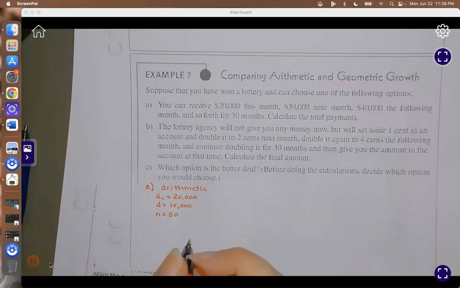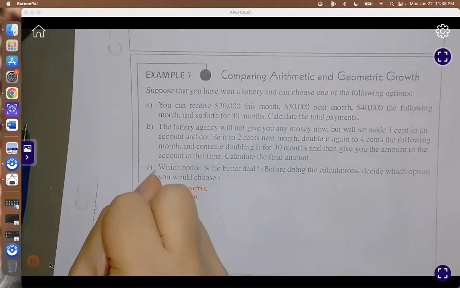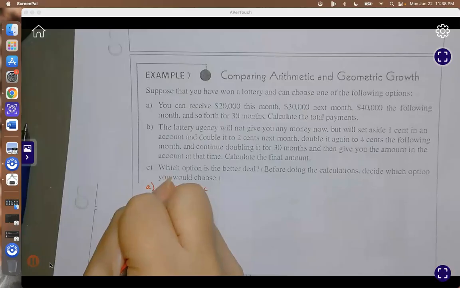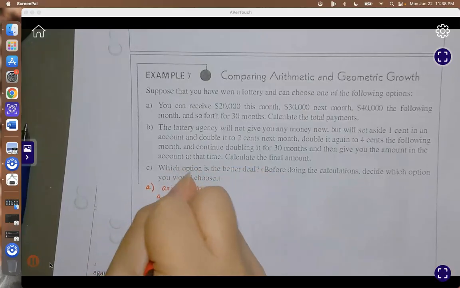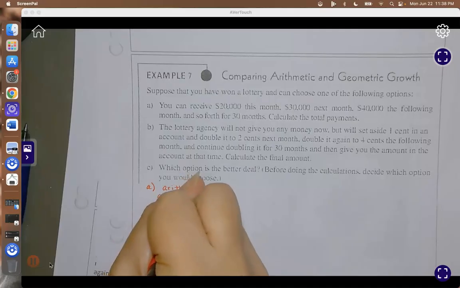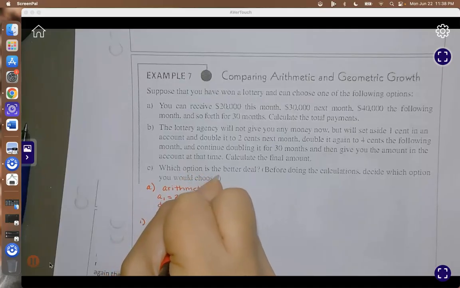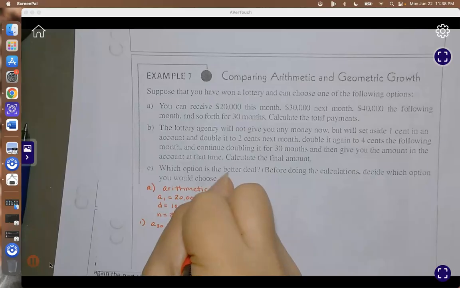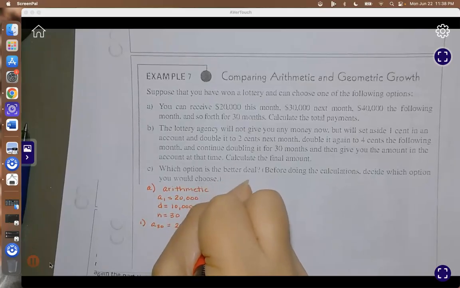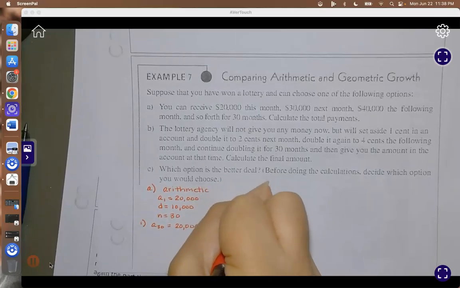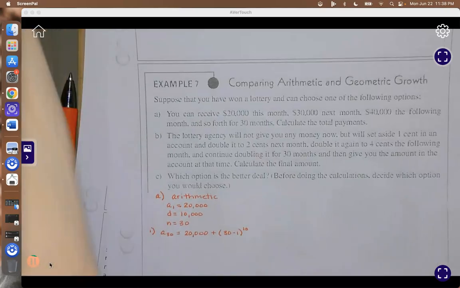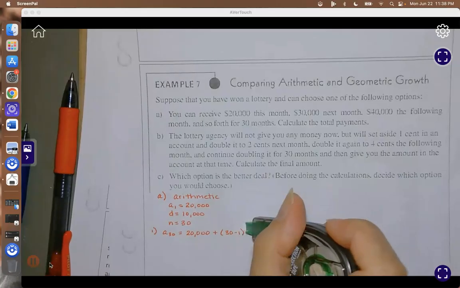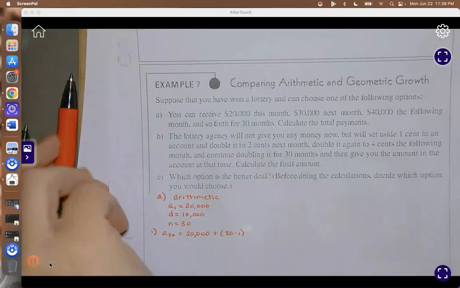Okay, so remember, we do step 1, which is to find a sub 30. And to find a sub 30, we do 20,000 plus the 30 minus 1 times 10,000. I about made that an exponent. We're doing arithmetic, not geometric.